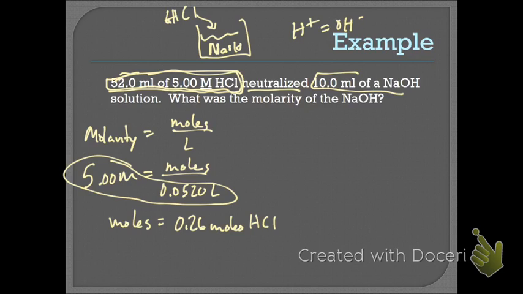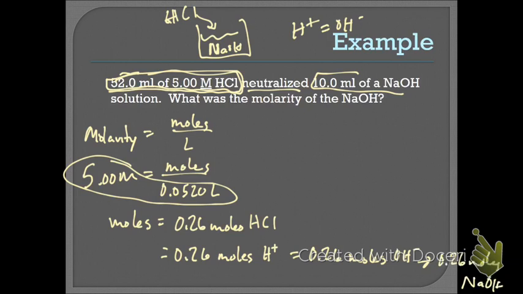And remember, if I have 0.26 moles of HCl, I have 0.26 moles of H plus. If I have 0.26 moles of H plus, that's what it took to neutralize, so that means that has to be 0.26 moles of OH minus. And that would mean that there would be 0.26 moles of NaOH.